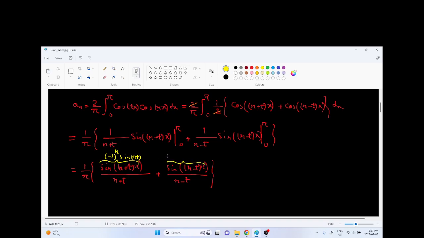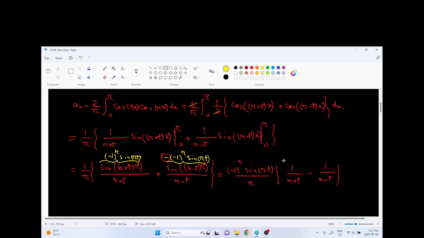And this also similarly evaluates to -1 to the n times sine of pi t. So we can factor -1 to the n sine pi t out of these two terms, and we get -1 to the n times sine of pi t divided by pi multiplied by 1 over n plus t minus 1 over n minus t.